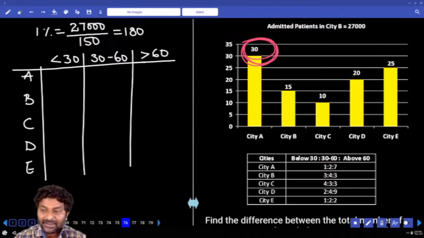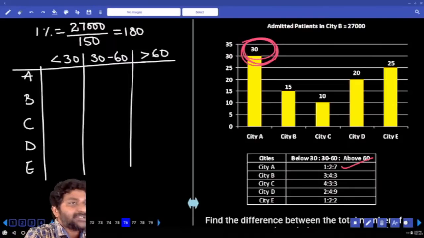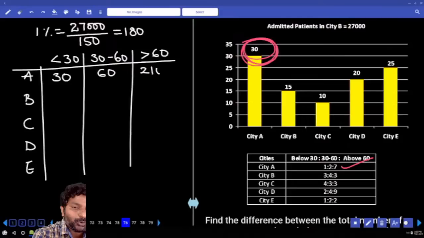Correct. Now that is divided into how many parts? 10 parts. Each part: 30, 60, and so on. All are in percentages, right? What is the 1% value?